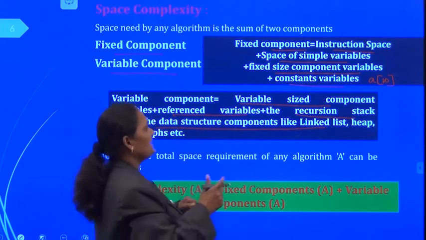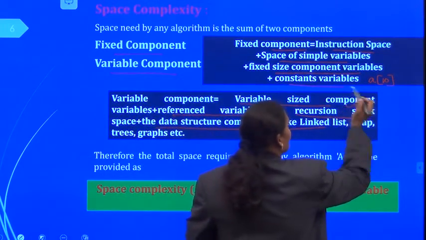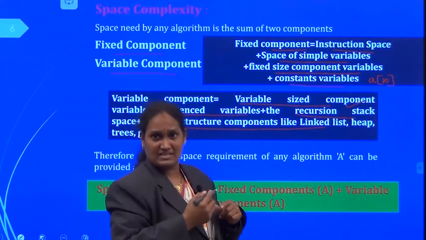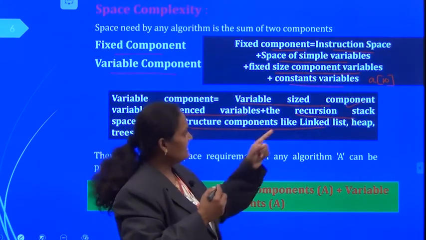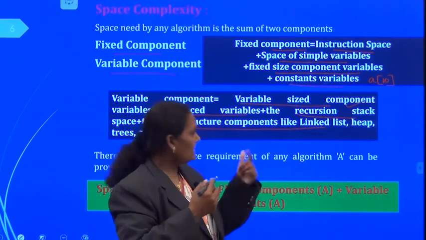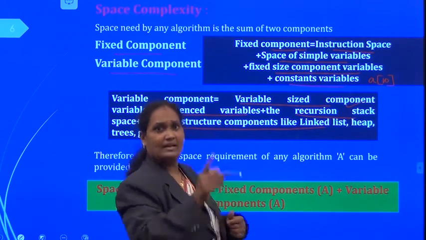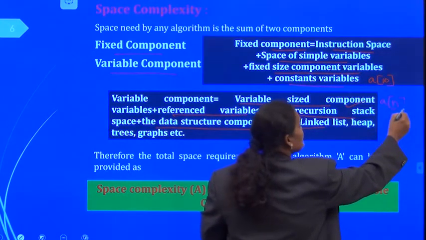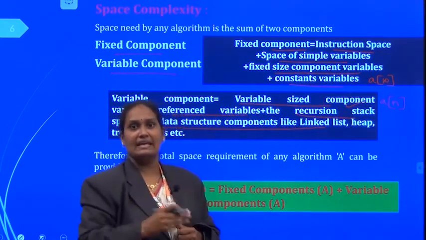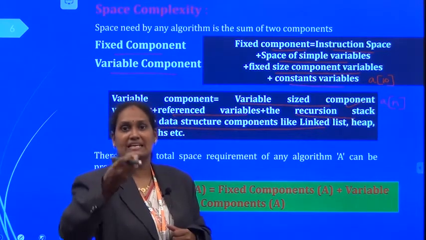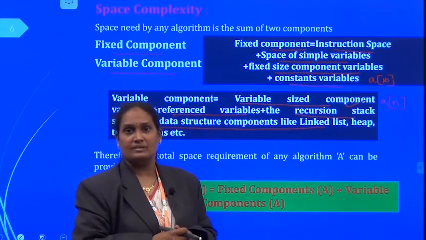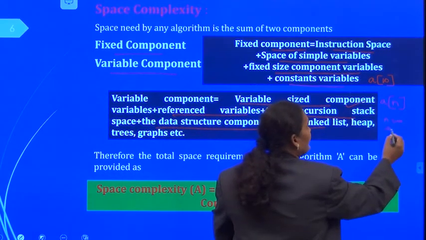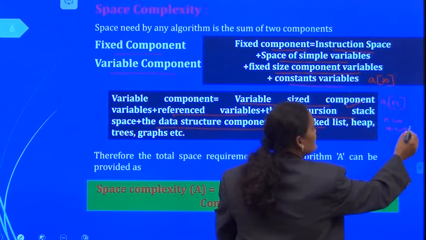You can observe here, what is a variable sized component variable? We saw the fixed sized component variable in our previous fixed component, that is A of 10 I took. What is a variable sized component variable? Here I gave A as an array whose size I gave as n. If n is equal to 10, A takes 20 bytes of space.